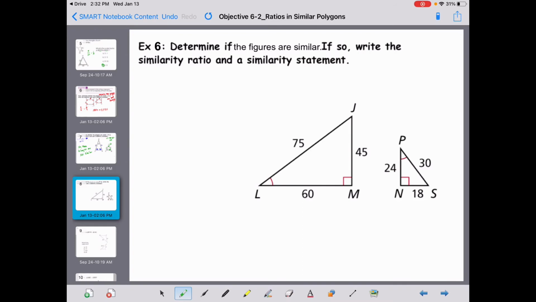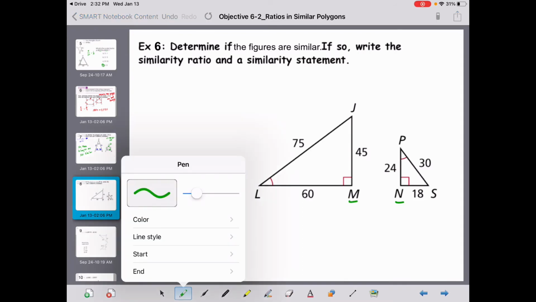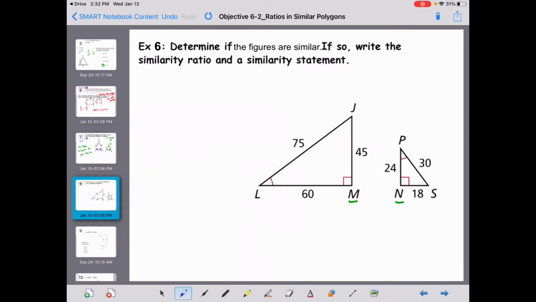All right, M and N are congruent because they have the same mark. L and P are congruent because they have the same mark. What you have to remember is that if two angles in one triangle are congruent to two angles in another triangle, then that third angle is also congruent.